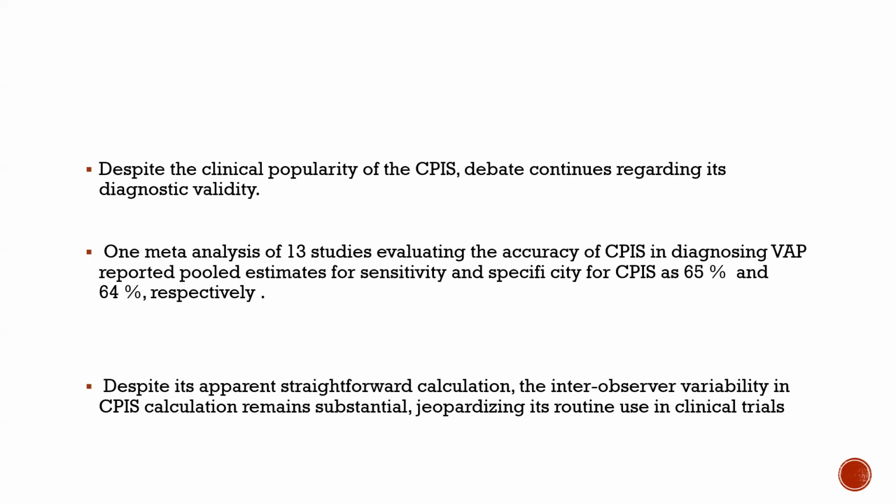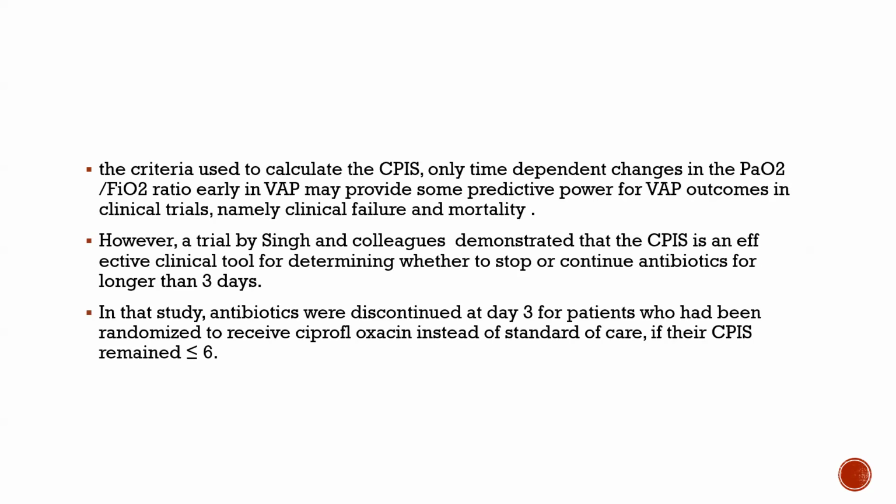Despite its apparent straightforward calculation, inter-observer variability in CPIS calculation remains substantial, jeopardizing its routine use in clinical trials. The criteria used to calculate CPIS are only time-dependent. Changes in the PaO2 to FiO2 ratio early in VAP may provide some predictive power for VAP outcomes in clinical trials, namely clinical failure and mortality.